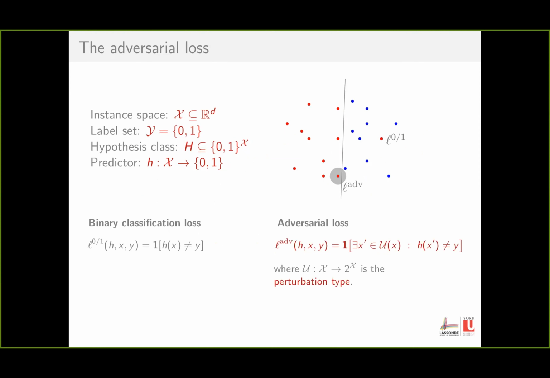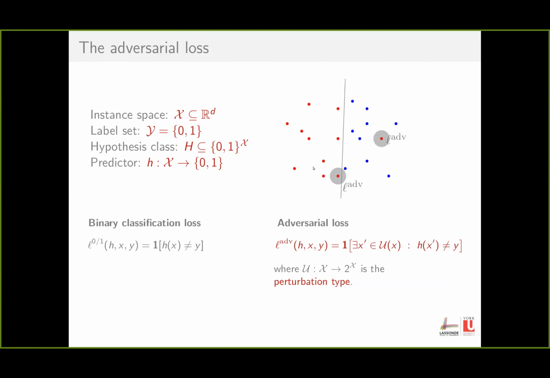For adversarial loss, we also assign loss when there is a small perturbation. If there's a small perturbation to an input example X such that the classifier assigns a different label at that point, right, so if this red point here is our X, there could be an X prime that sits here across the decision boundary where the classifier assigns a different label, then we assign adversarial loss.